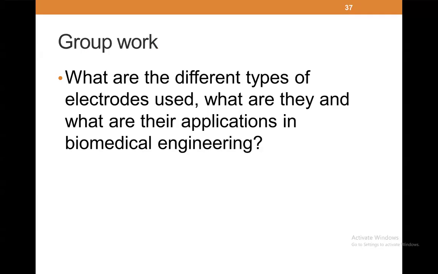So what are the different types of electrodes used? How do they work? And examples from biomedical engineering where it's used. I want you to look at more than one, but I only want you to report one. I'll give you about 5 minutes for that. And with that, we end this section.